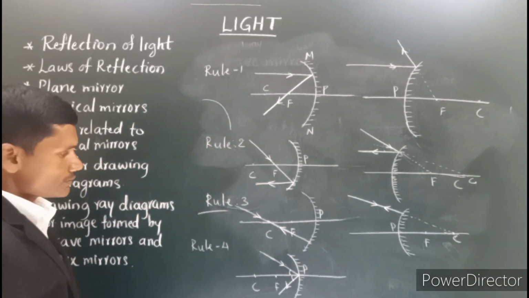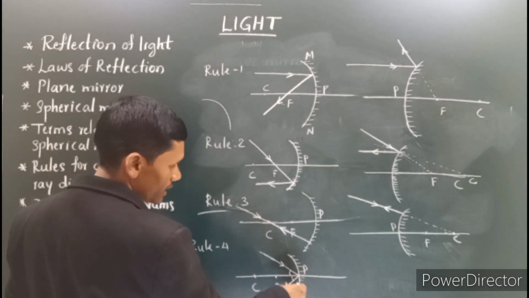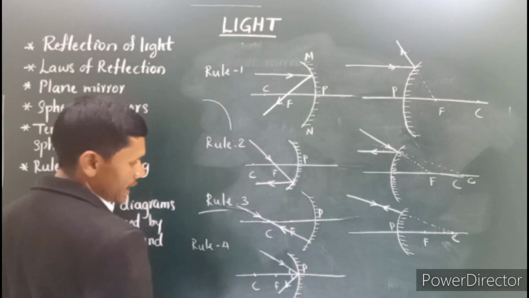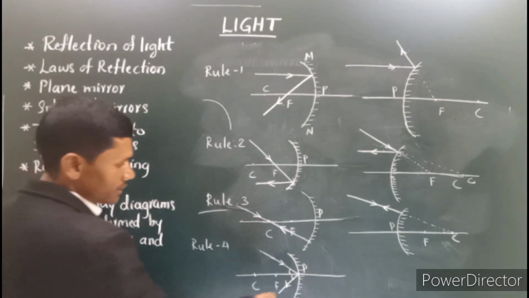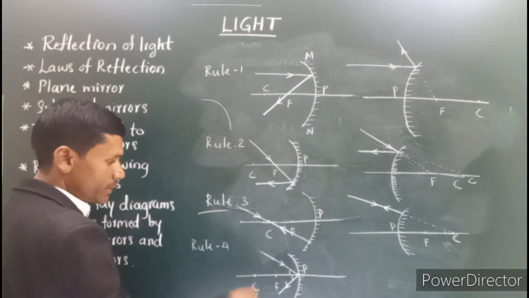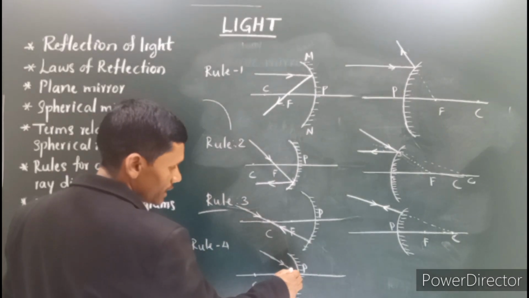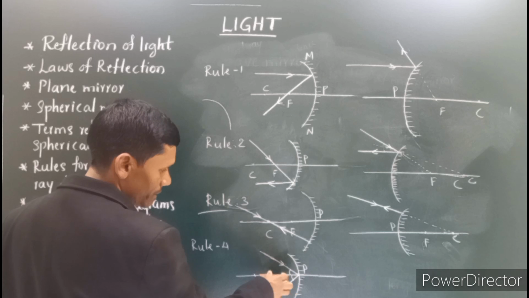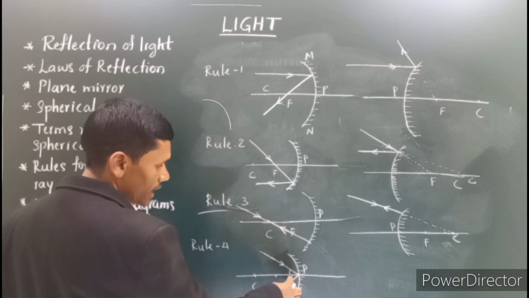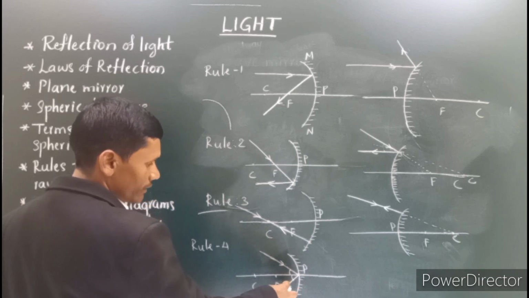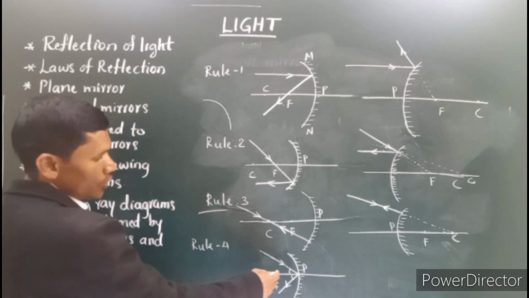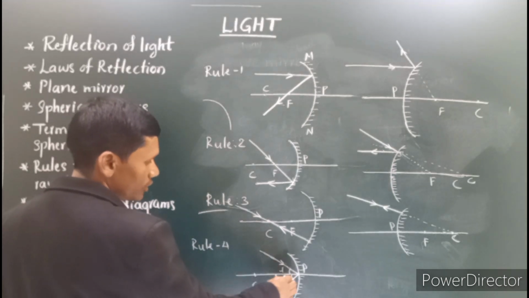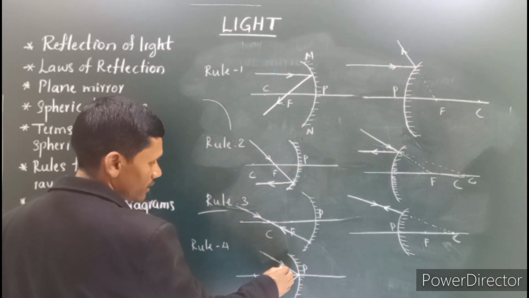But here we are considering the principal axis as normal, and the incident ray makes the same angle with the principal axis as the reflected ray does. So angle of incidence is equal to angle of reflection, right?